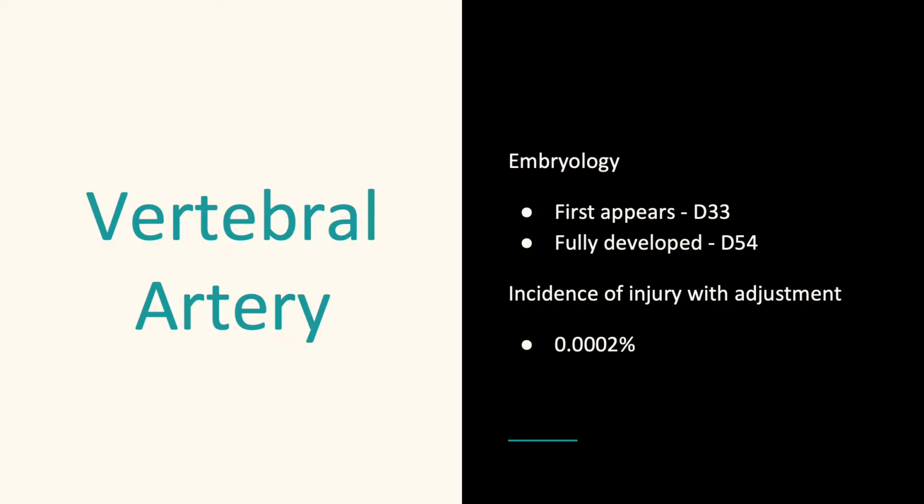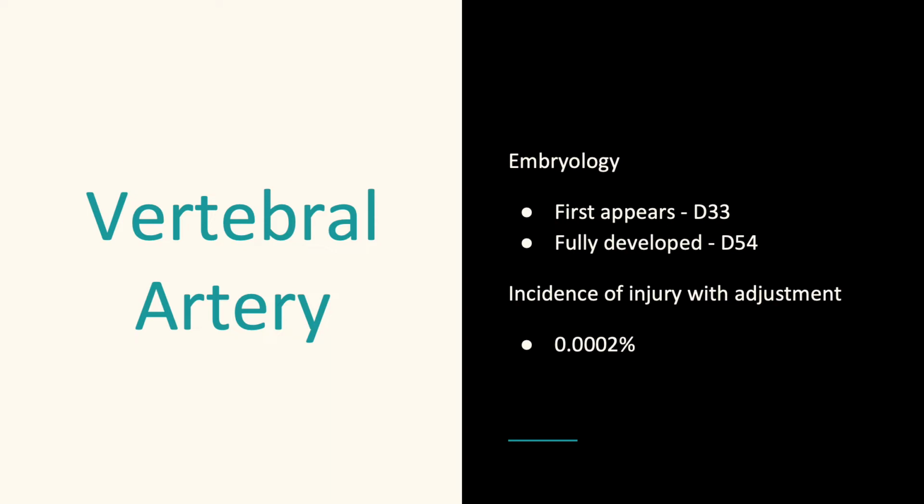Vertebral artery, page 78. This is huge. Obviously, as a chiropractor, you want to know a whole ton about it. You might even get an embryology question on it. So it first appears on day 33, and then it's going to be fully developed on day 54 of gestation.